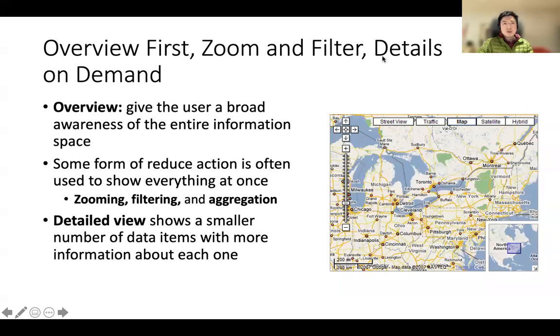For the very detailed information, you want it done through user interaction, so that the user needs to either select something or turn on a switch or a button to show the particular details of an item in the data set. So that seems to be a very effective, successful strategy for visualizing very large data sets.